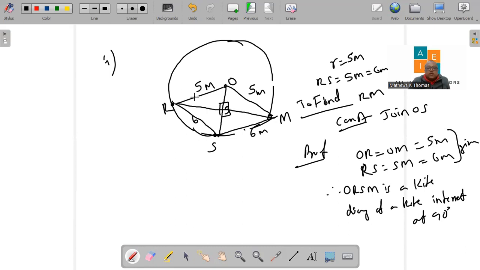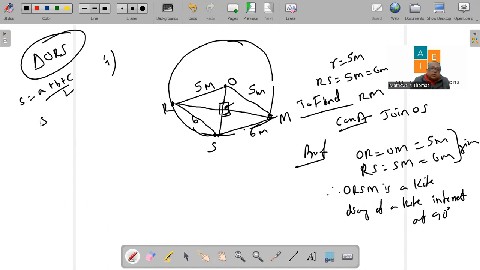Now, this is 5, this is 6, and this is 5. I can find out the area of this triangle by using Heron's formula. So triangle ORS, we can find out the area of this by using Heron's formula. If you remember Heron's formula, S is A plus B plus C by 2, that is sum of the 3 sides. So we have one side as 5, the other side as 5, because this is also radius, and distance between Reshma and Salma is 6.